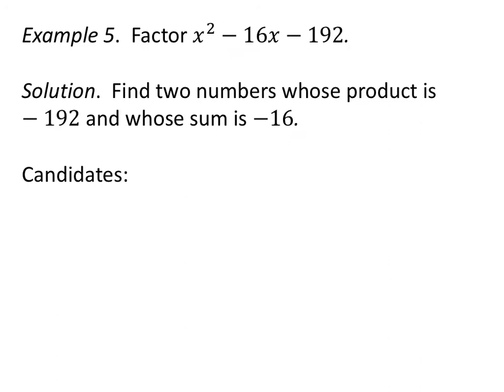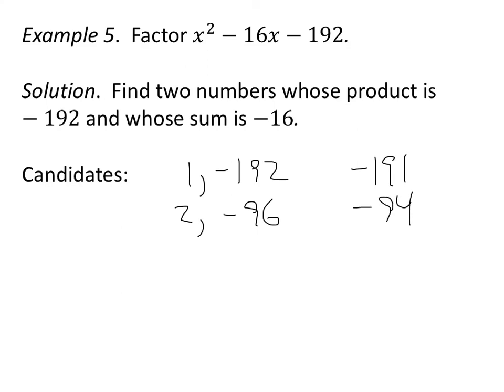Okay, so our candidates here, we would have, let's see, 1 and -192. Well, their sum is -191. That's no good. How about 2 and -96? Well, their sum is -94. That's no good. 3 and -64. This is really kind of silly because these are just way too far off of what I have there.